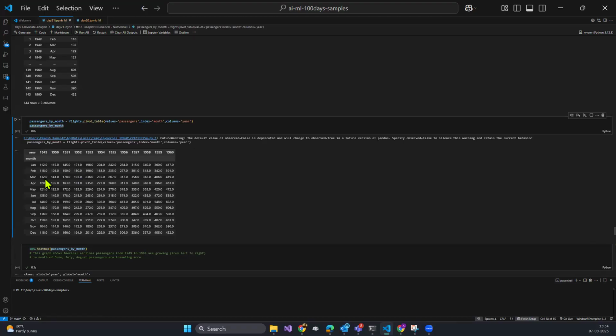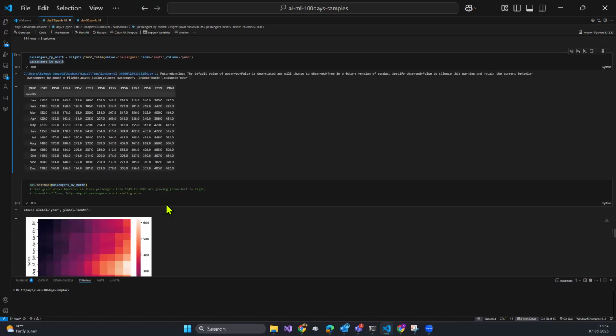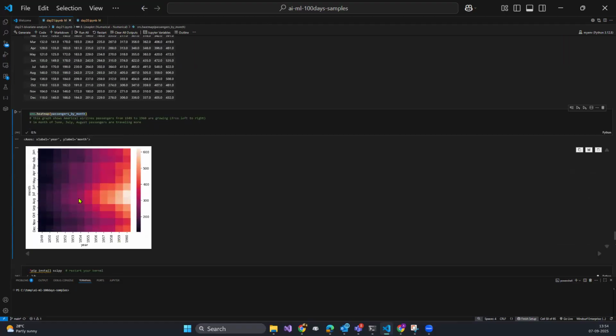But this is hard. My use case is that I would like to see in which month most of the travel happens, right? So if I bring this to a heat map, I'm able to see that mostly in May, June, July, August.